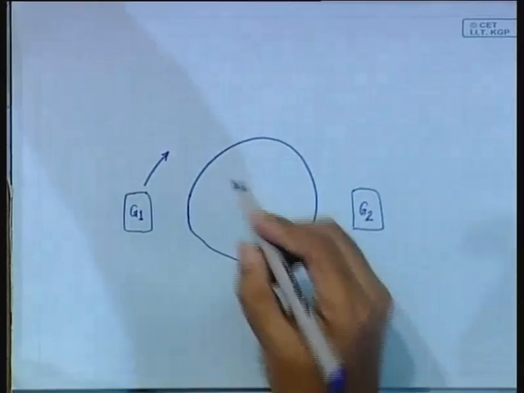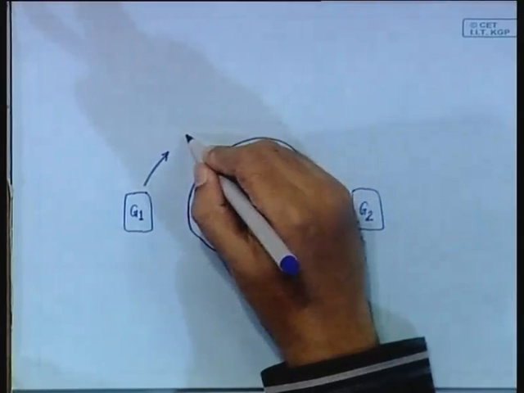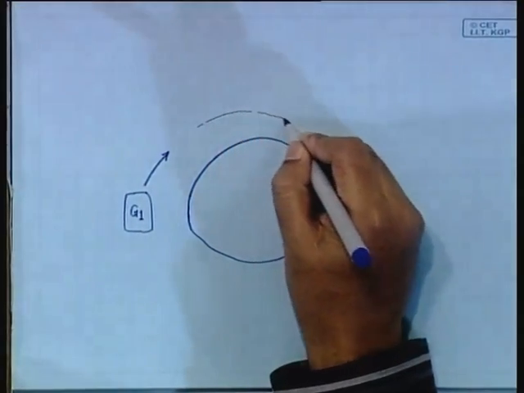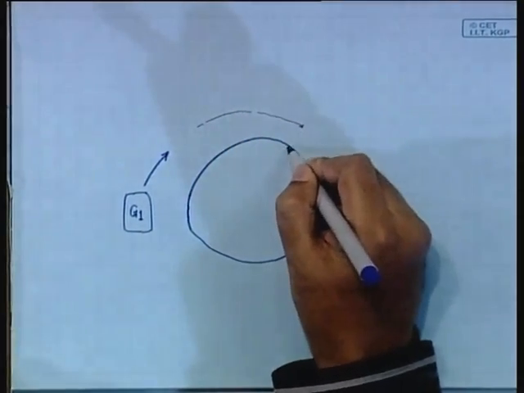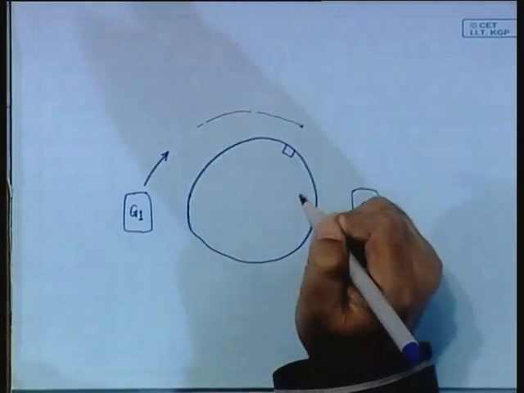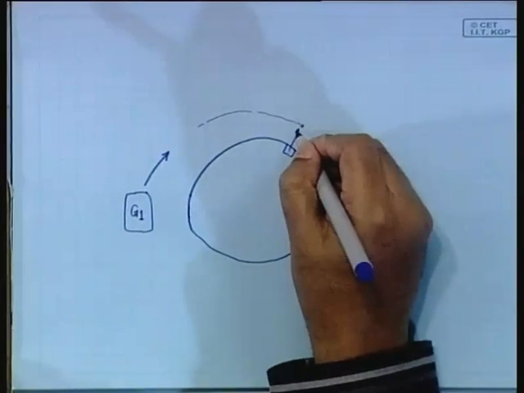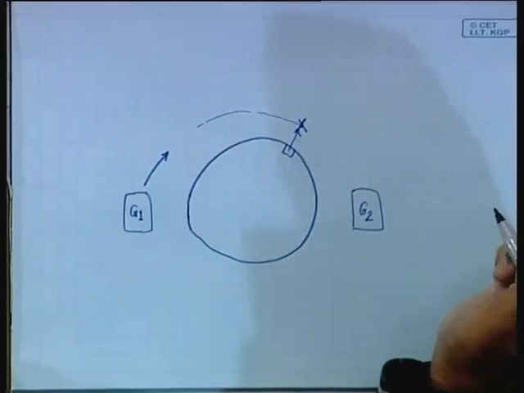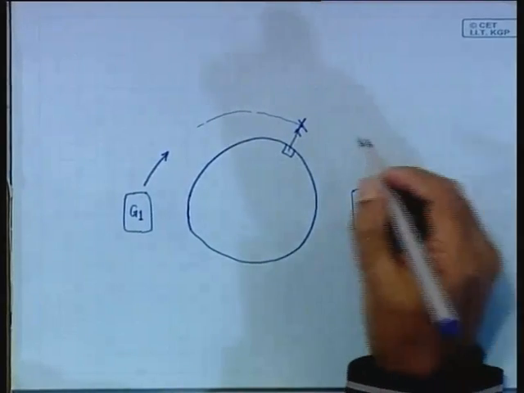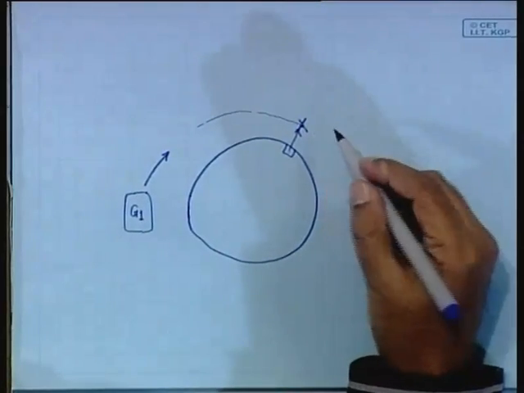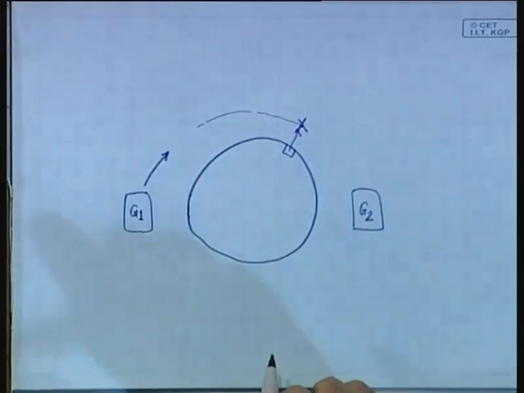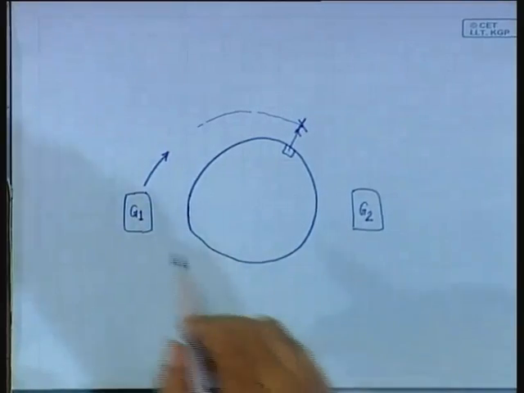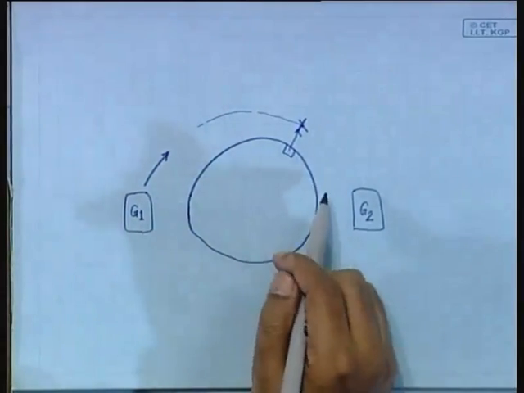Now the problem is that once the messenger travels around the fort, there are archers on the fort who can shoot the messenger, and if the messenger is shot, then the message will not reach G2. The problem is that G1 does not know whether the messenger has reached or not.